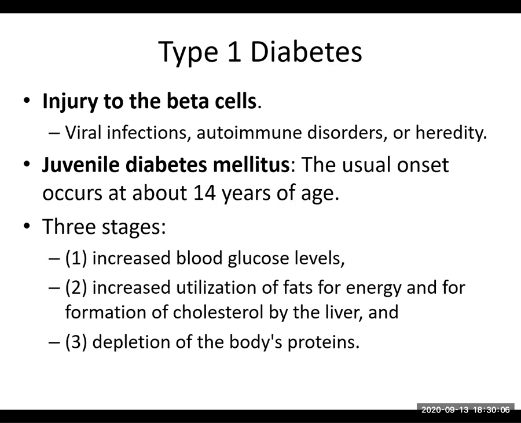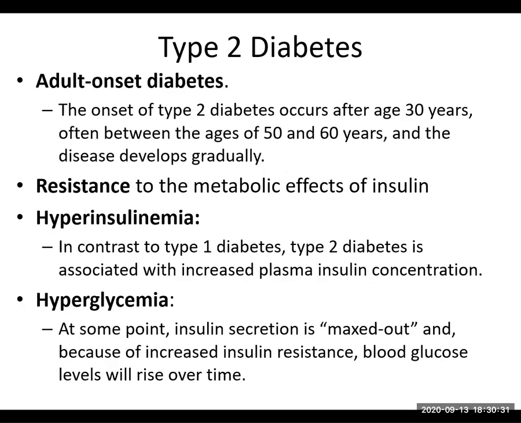Muscle cells need to burn something, then there are no carbohydrates, so it turns to fat, and then we use all the fat or most of the fat. It's not enough, then we start to use protein. So that's the 3 stages of the choice of fuel in patients with type 1 diabetes.